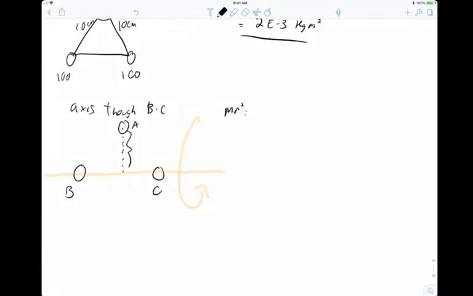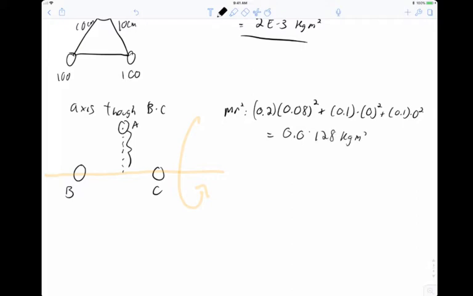It's 8 centimeters. So the first one has mass 0.2 kilograms, and it's 8 centimeters squared. B has mass 100 grams times the distance 0, and C times distance 0. Ta-da! All right, 58.